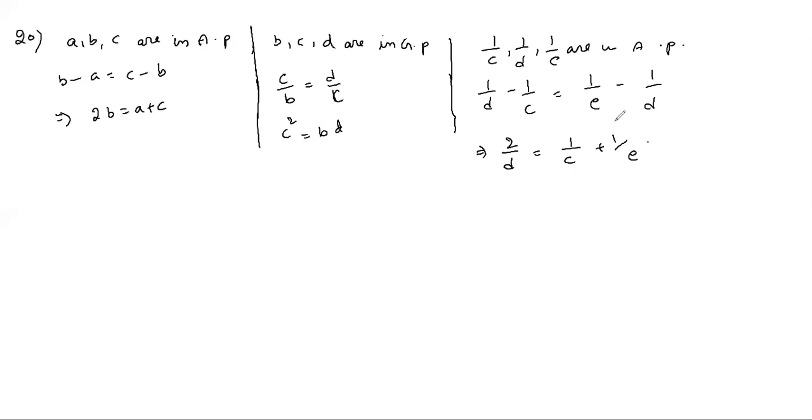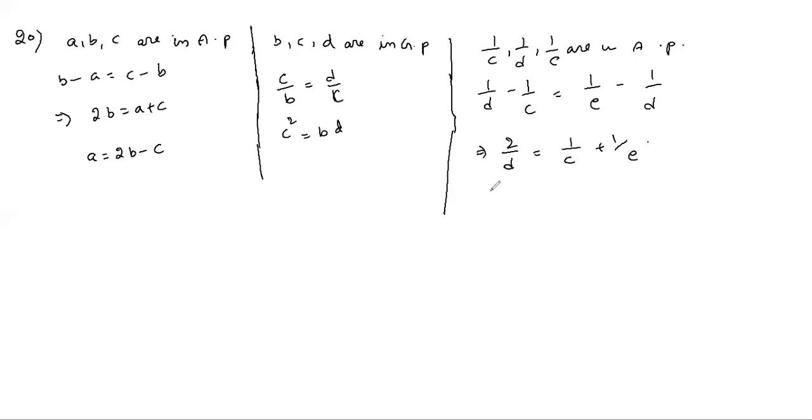Now we have to find in terms of A, C, E. A equals 2B minus C. C square equals BD.